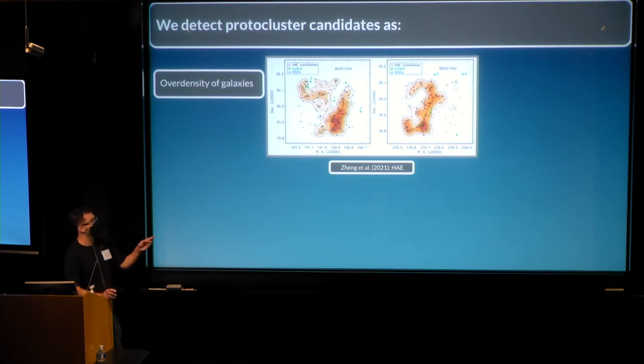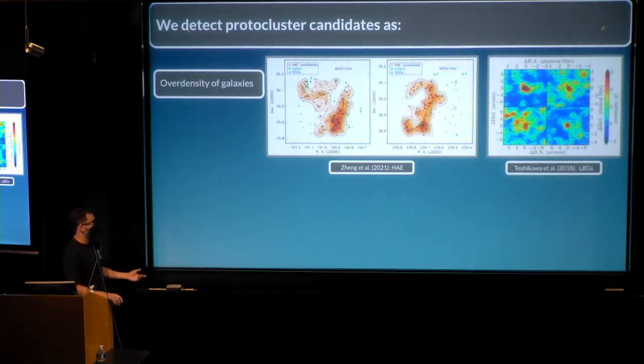In this work, they trace protoclusters using H alpha emitters: with a broad band and a narrow band, you select the galaxies that present an excess in H alpha. It's pretty efficient to select galaxies at those redshifts, and we can see that we have some candidates by searching for overdensities of this type of galaxy.